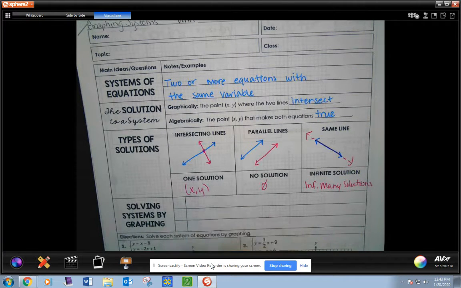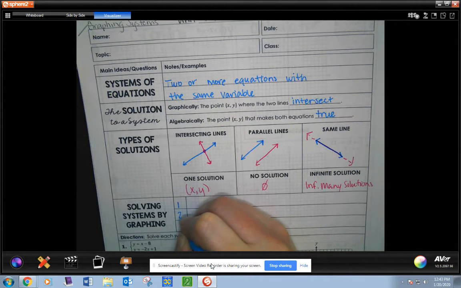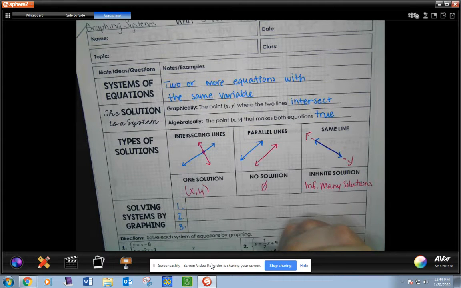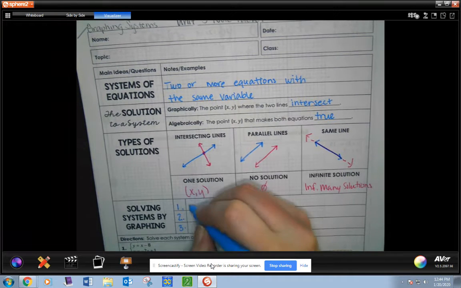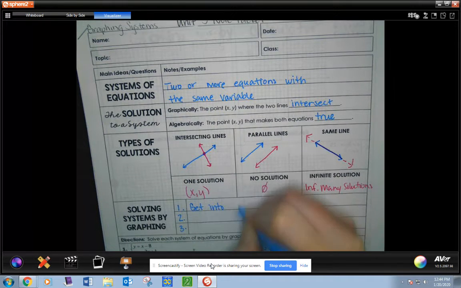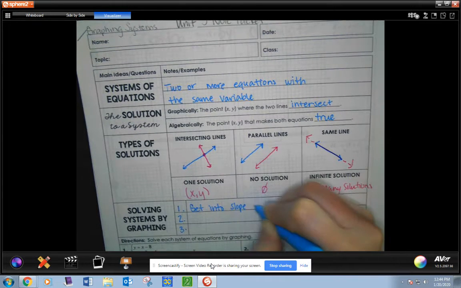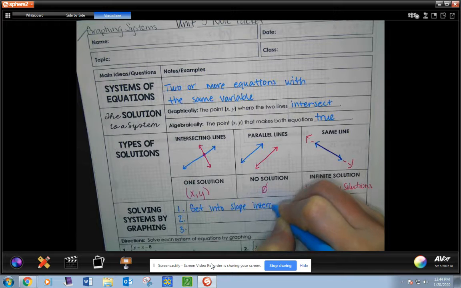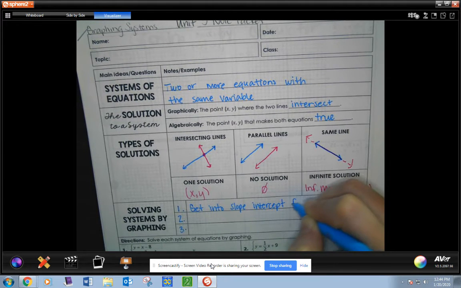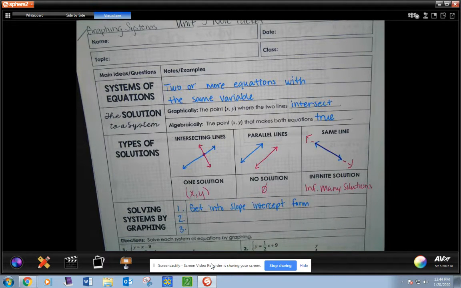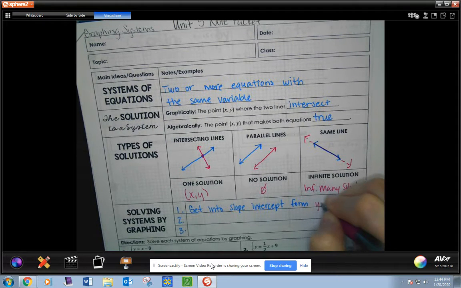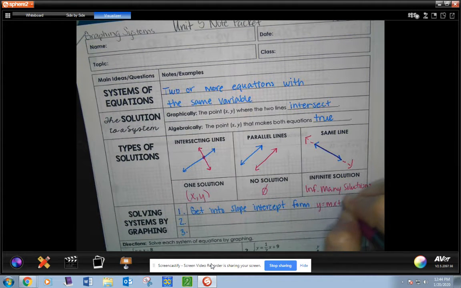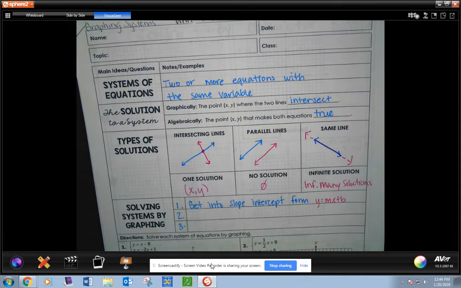Now, when we're solving systems by graphing, this takes 3 steps. The first step is to get into slope-intercept form. And remember, slope-intercept form is just y equals mx plus b. Okay, step 2 is to graph the lines.